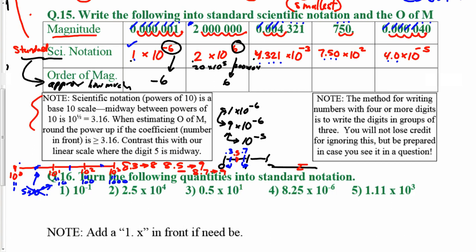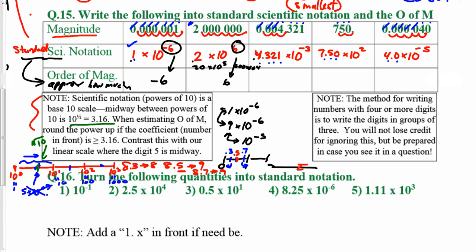That midline is not 5. That midline is actually the square root of 10. Ugh, not something you wanted to worry about. The midline is actually the square root of 10, which is about pi, 3.16. That's our rounding point.